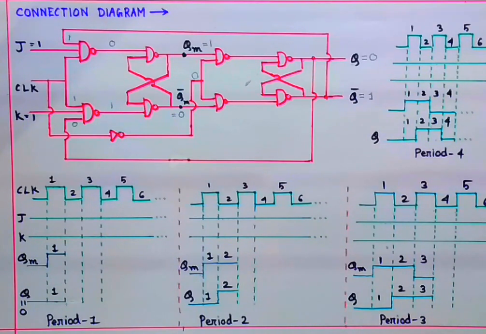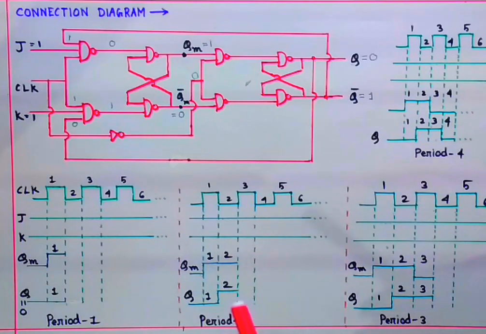So first you have to know the previous stage output. That means the output of period 1. You know that the output of period 1 for QM was 1 and for Q it was 0.